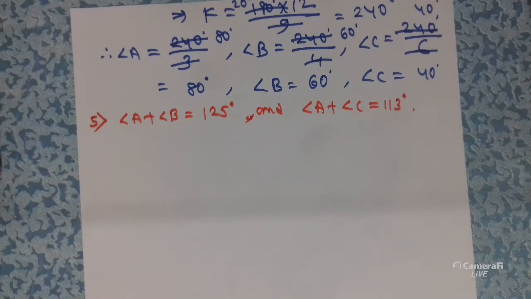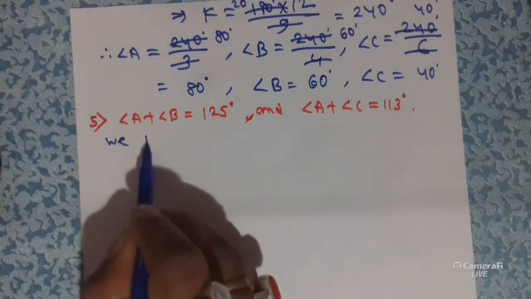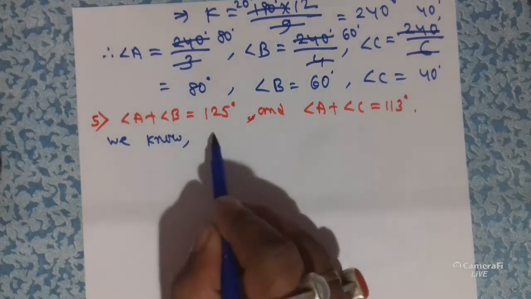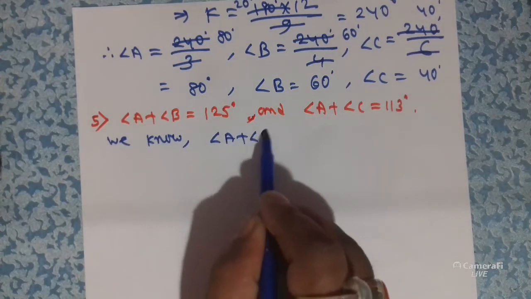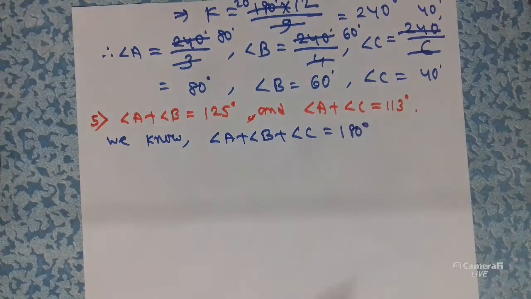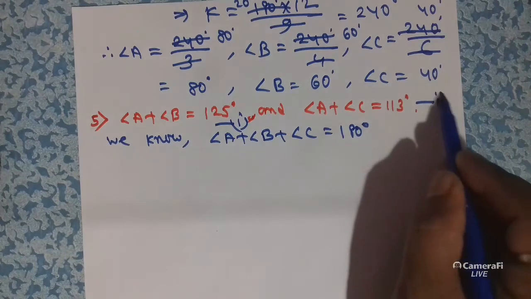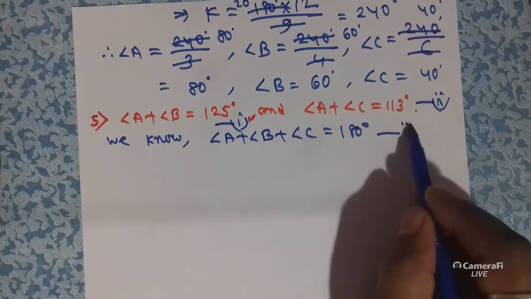Okay. Now we know that angle A plus angle B plus angle C is equal to 180 degrees. So this is equation 1, this is equation 2, and this is equation 3.